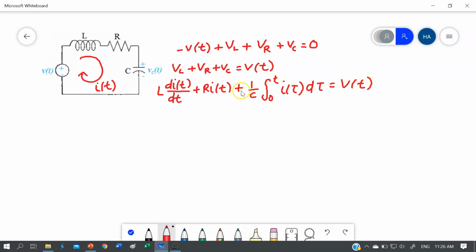Here it looks like a differential equation now. However, we have this integration part, so the next step is we want to eliminate this integral part.